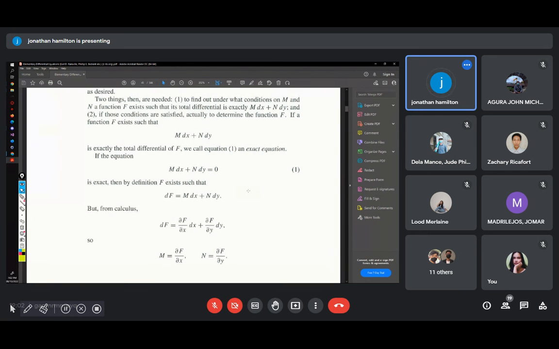So to simplify this, if we have a function f and we derive it, we can say that df is equal to 0, and f is equal to c. But we also know that df is equal to m dx plus n dy.